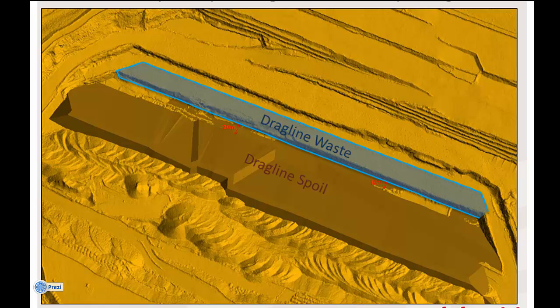These include the strip width and length, the location of high wall and end walls, high wall and end wall angles, if there's any benches, ramp accesses for both the dragline and the coal, and any fault location.